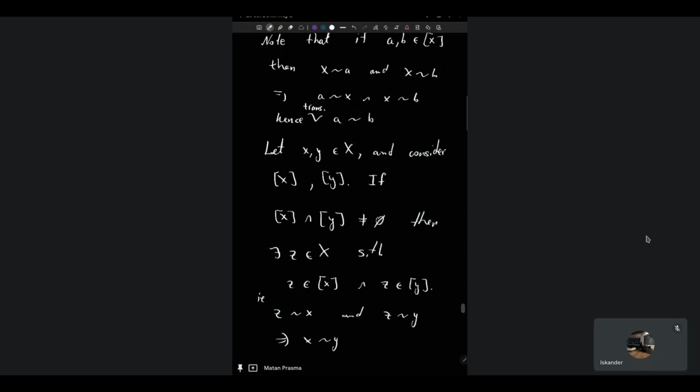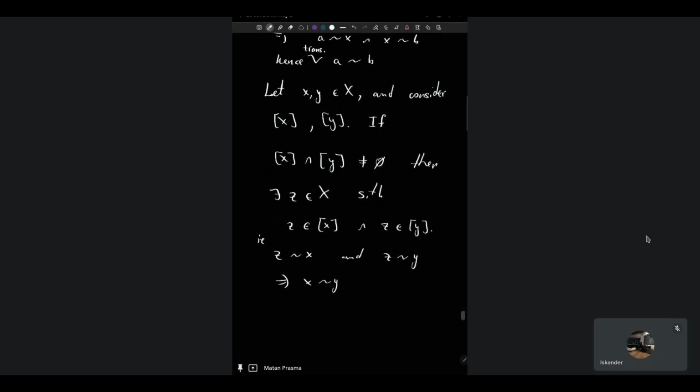But if X is equivalent to Y, I claim that the equivalence class of X is the same, as sets, as the equivalence class of Y. So this implies that the equivalence class of X is equal to the equivalence class of Y. If I found one element that is common to two equivalence classes, then they are completely identical.